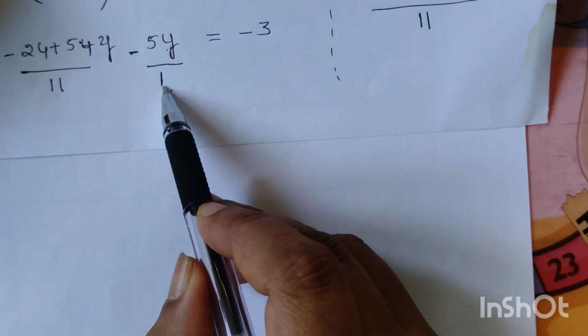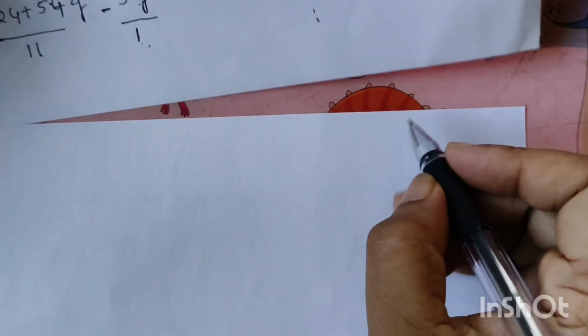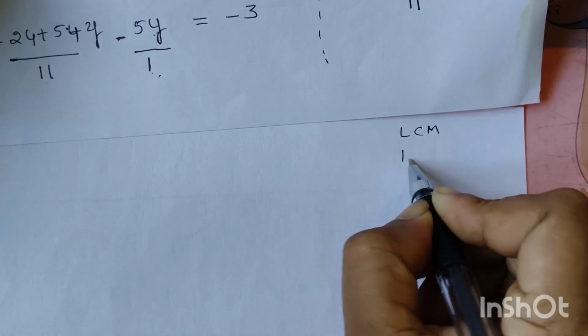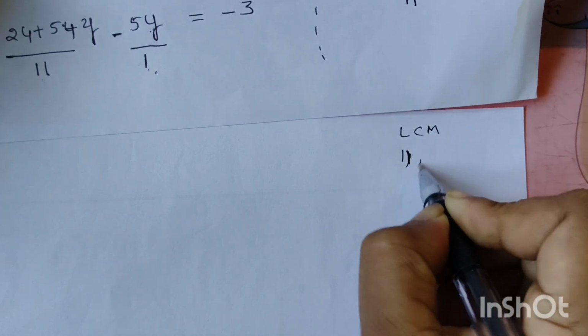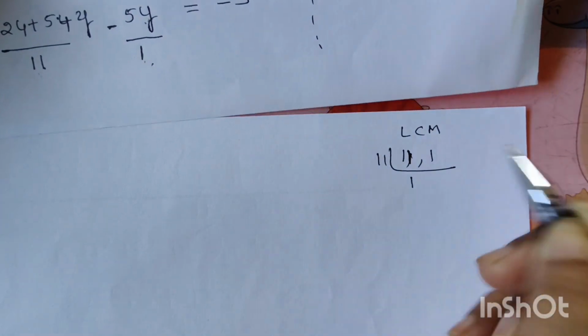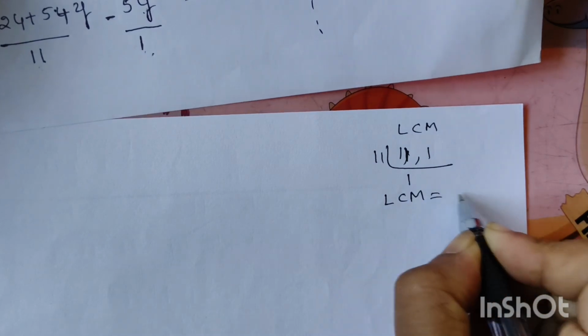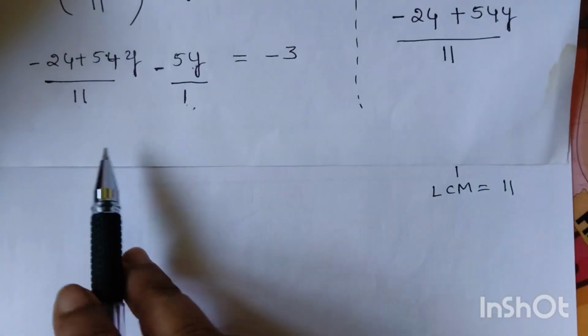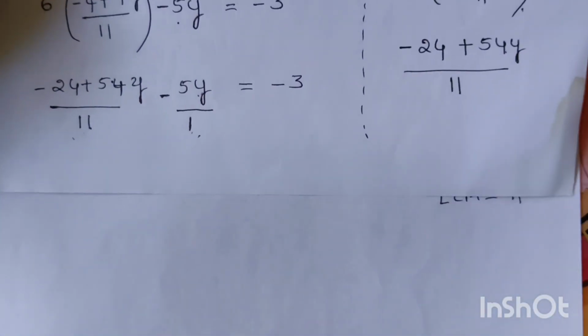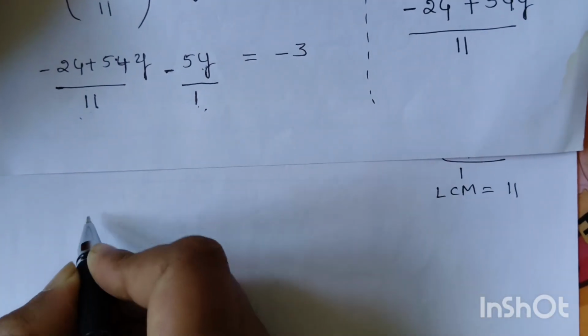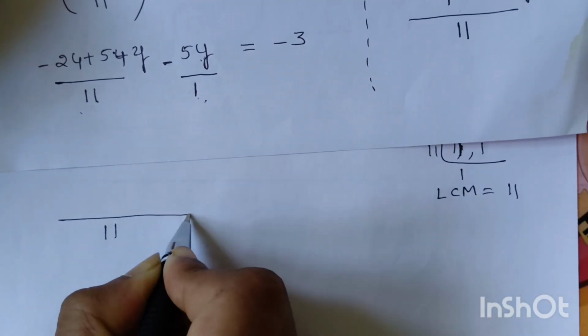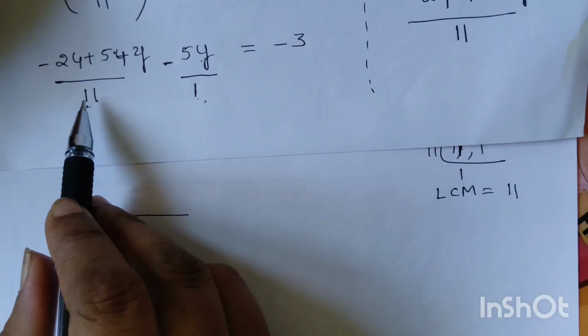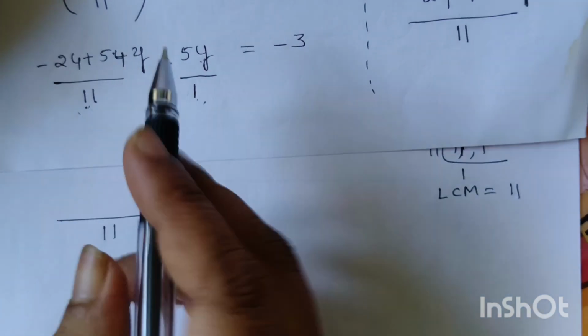The LCM of 11 and 1 is 11 only, right? Therefore, we have to equalize the denominator to 11 to subtract. Already in the denominator we have 11, so I will write this directly.